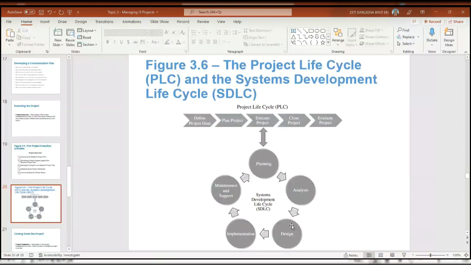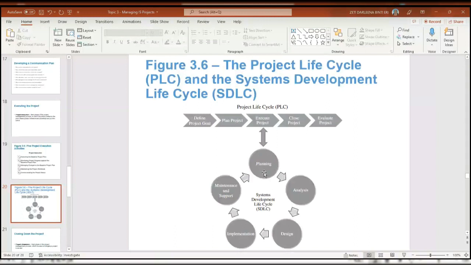Okay, tadi kita ada plan project, initiate project, plan project, execute and close. Okay. So bagaimana it relates? So tadi kita initiate the project, plan the project, execute the project kan. So dekat sini is where the SDLC relates. Okay. So ini perkaitan the relation between PLC dengan SDLC.